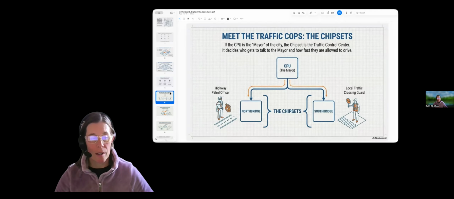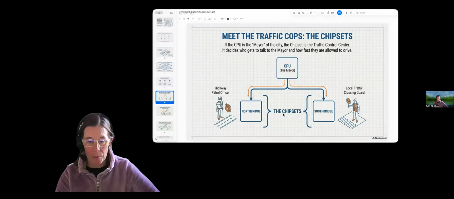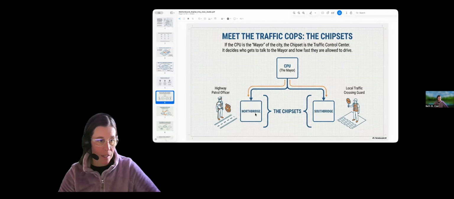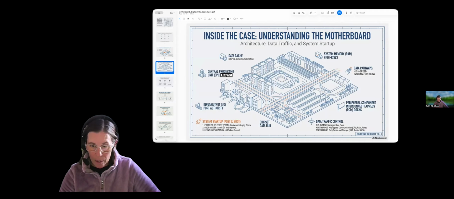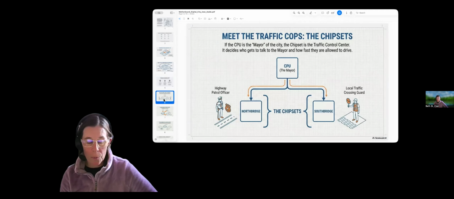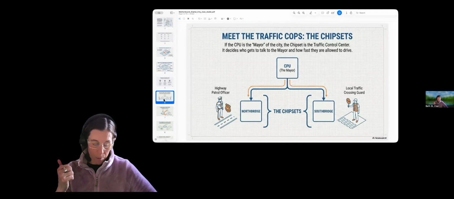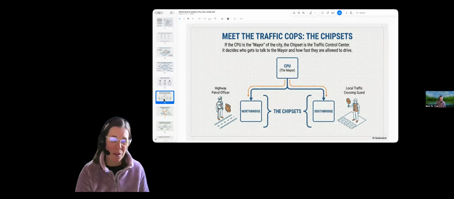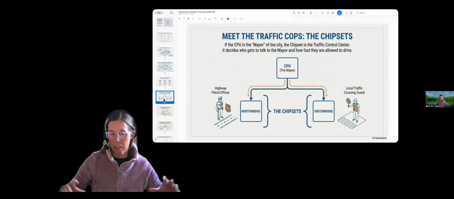Let's head back for a second here to the chipsets. So think about the Northbridge as handling 3 items, and I think they're listed on this. Yeah, CPU, RAM, PCIe. So the Northbridge is handling all of the high-speed components. Let's just take an analogy here.